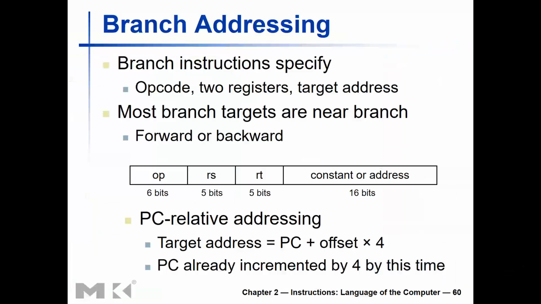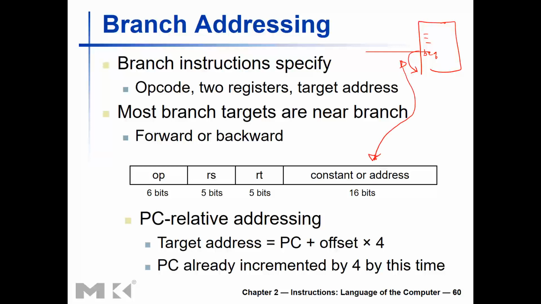As for the PC relative addressing, when you have a program and you have a jump using branch if equal or branch if not equal, that delta is saved in the instruction.